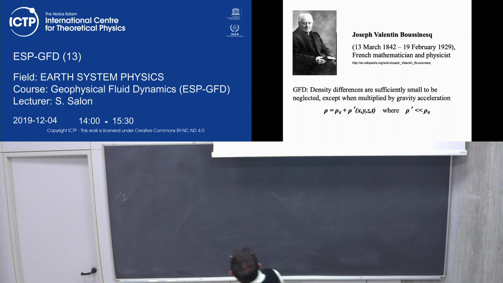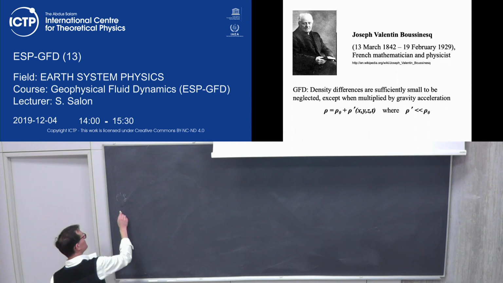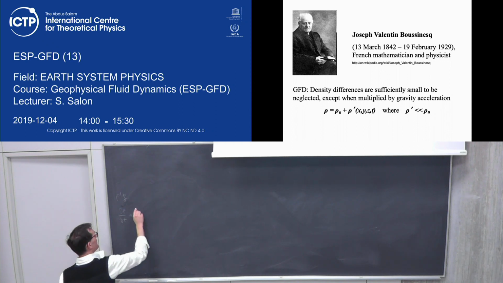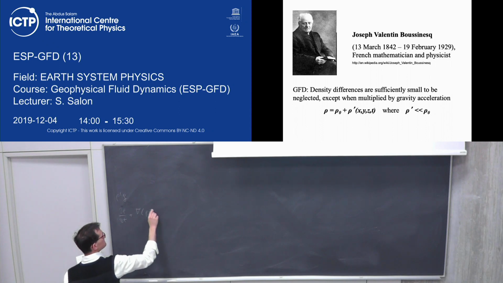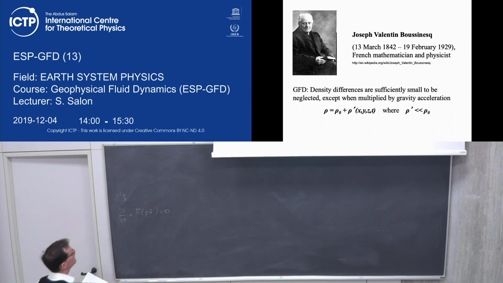So if we do this and we start from the mass equation, which is actually the equation which deals with density, what we have is d rho dt plus the divergence of the mass flux.